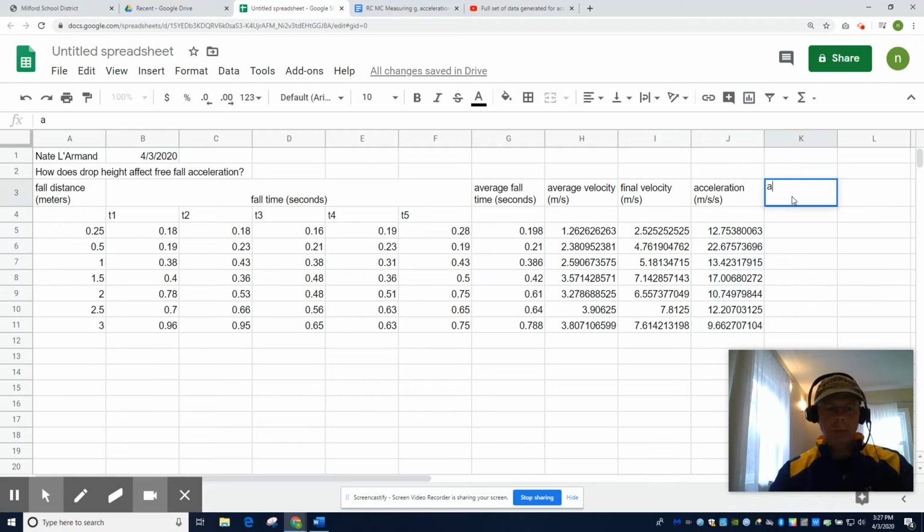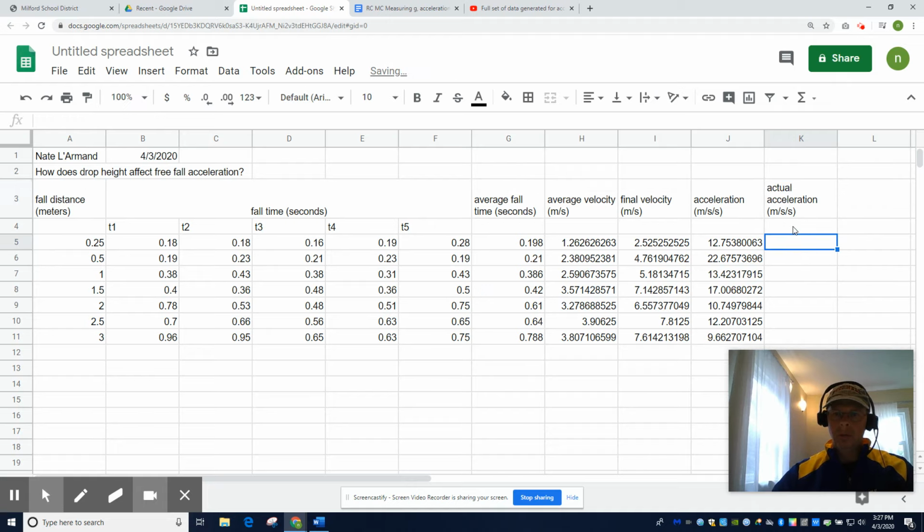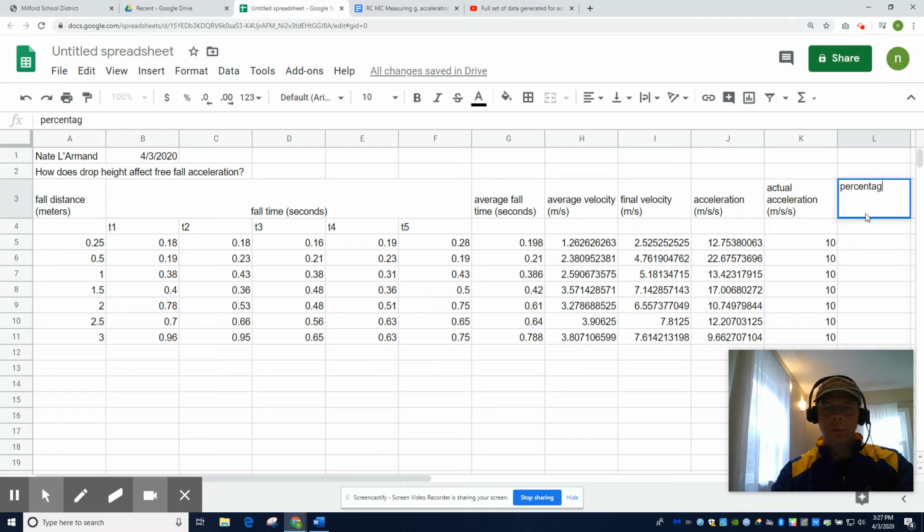The actual acceleration, oh boy, I can't spell acceleration, is n, all right, equal, whoops, n, and we can find the percentage error, just for fun.